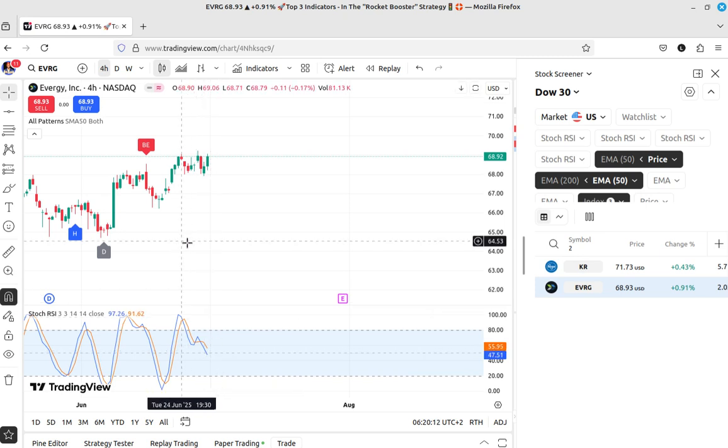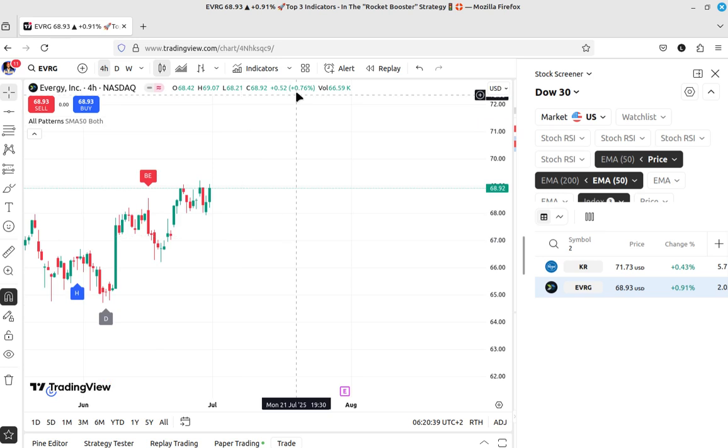I don't know if I can use a stochastic here, but my main focus is definitely the candlestick chart pattern. You can see there was a bearish engulfing here, which showed resistance, and then you can see from the chart pattern that the price has broken resistance, and then it's back on the support level. It's like a bounce from the support level. This does look a little bit like a morning star.